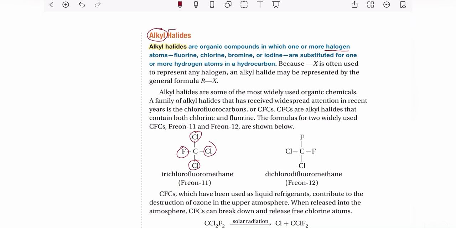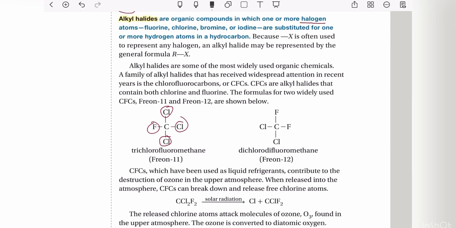So halides for halogens. Because -X is often used to represent any halogen, an alkyl halide may be represented by the general formula R bonded to an X. Alkyl halides are some of the most widely used organic chemicals.